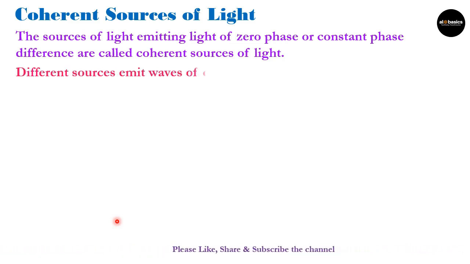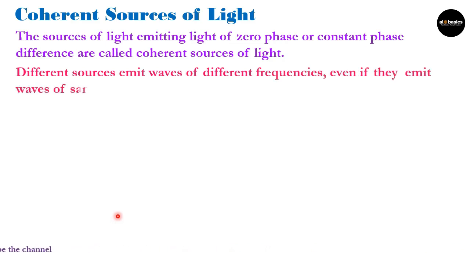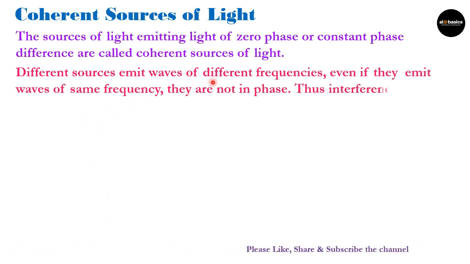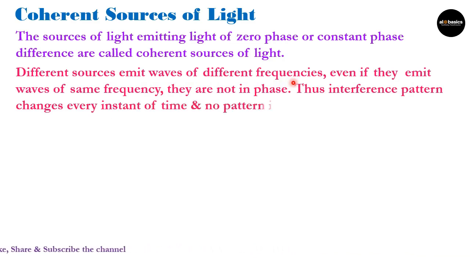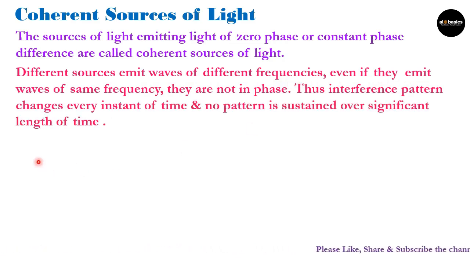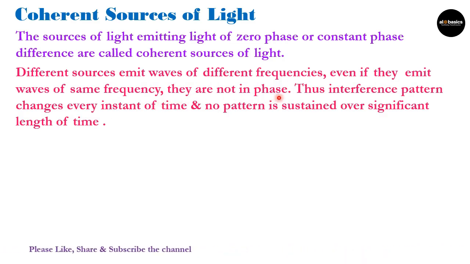But when we use different sources, they emit waves of different frequencies. Even if they emit waves of the same frequency, they are not in phase, or the phase difference is not maintained constant.